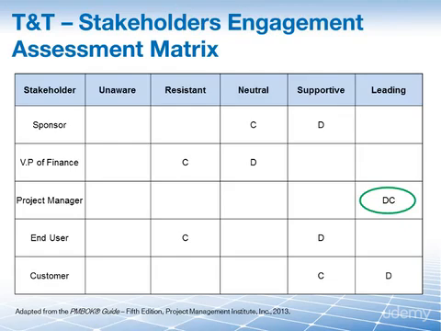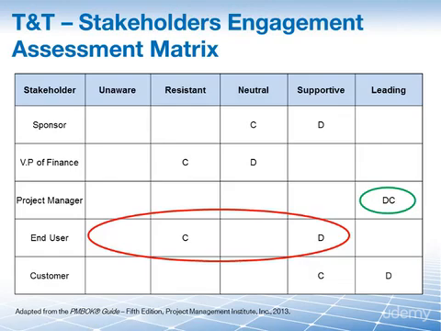So that's why we want to be. However, the legal department is currently more of resisting this particular project, and we want them to be moving up to supportive. So we have the C, the current, under resistant, and we have the D for desired in supportive.